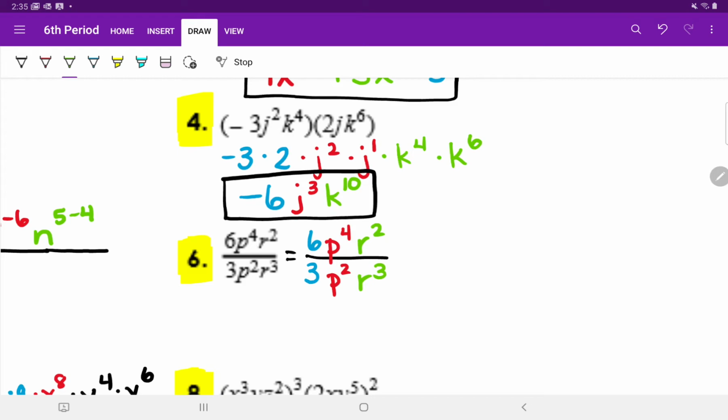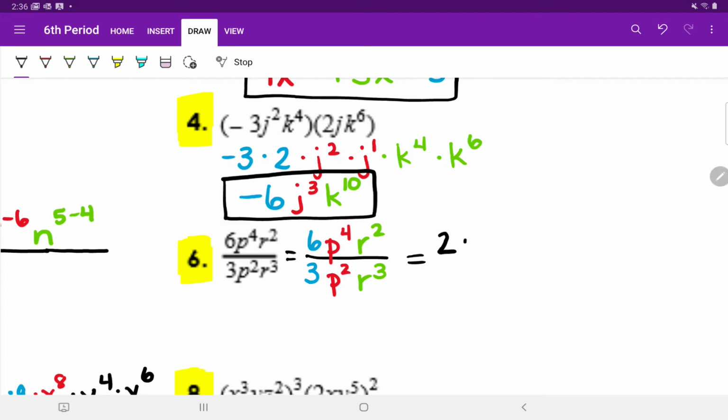So I'm doing this to color code what is allowed to be combined together. So let's take a look at the 6 divided by 3. Well, what's 6 divided by 3? That's just 2.